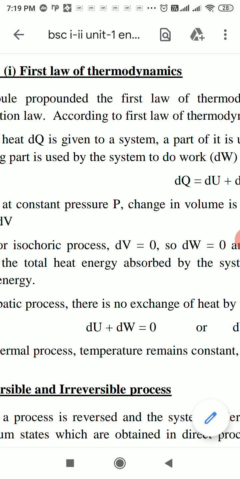Equation of state for an ideal gas is given by PV equal to nRT. P is pressure, V is volume, T is temperature in degree Kelvin, n is number of moles, and R is gas constant.